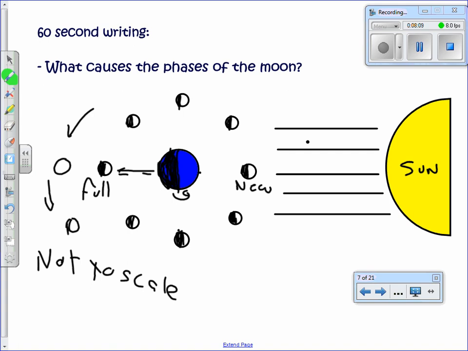It's kind of hard to see on this diagram, but if you imagine how much you could see, you would see this much. So you see not quite a semicircle, and we call that the gibbous moon. And because it's getting smaller, we call it waning. Like your attention is waning. It's getting smaller. It's dropping off. So that's the waning gibbous.